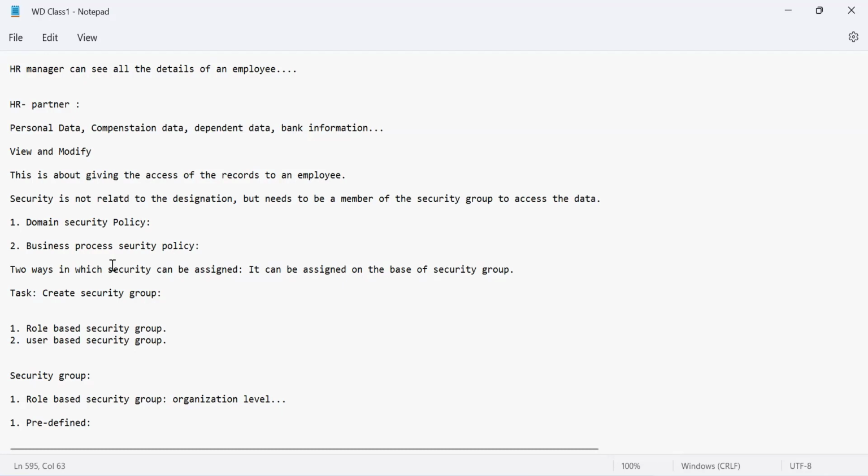And a user can be a member of multiple security groups by assigning multiple roles. So you can assign multiple roles to one person. It is not that you will only assign one role. You can assign multiple roles, and if you assign multiple roles, that person will become a member of the security groups. Okay, does that make sense? Yes. This is very important. We cannot forget it.